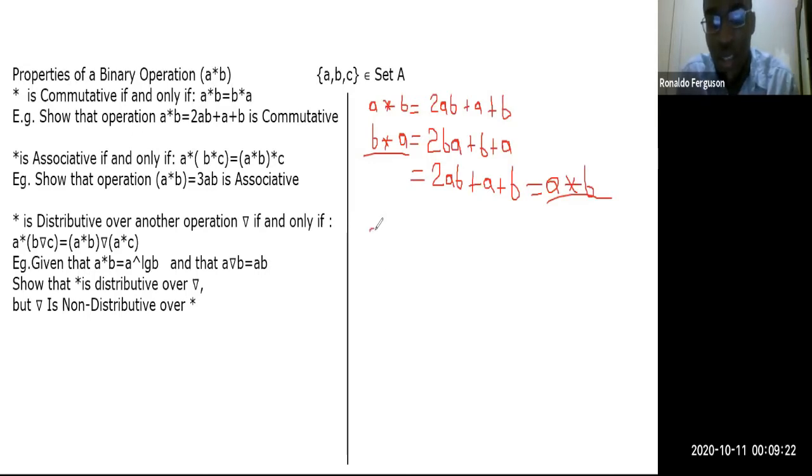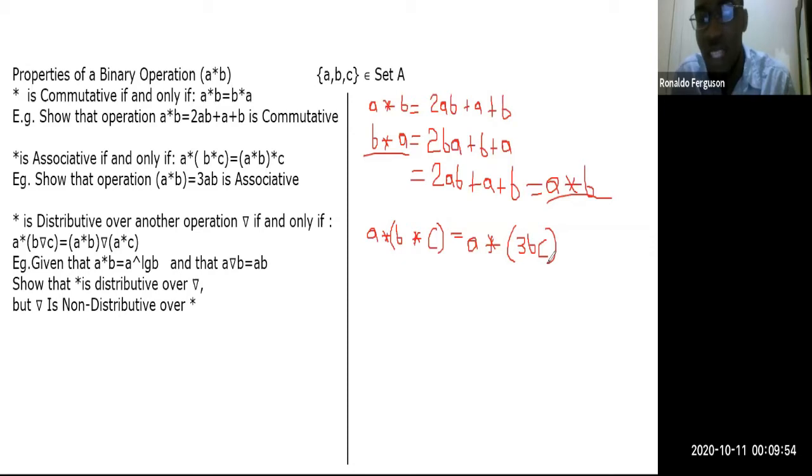To show that it is associative, we're going to start with A star B star C. Now A star B star C is going to work out to be A star, what's going to be B star C? Now A star B is 3AB, and so B star C is 3BC. That's B star C. So since B star C is 3BC, now we need A star 3BC.